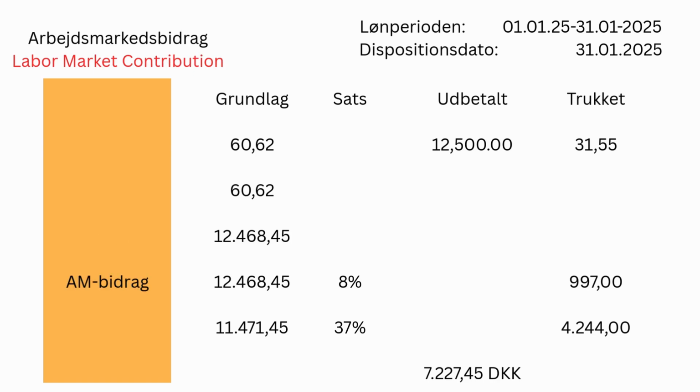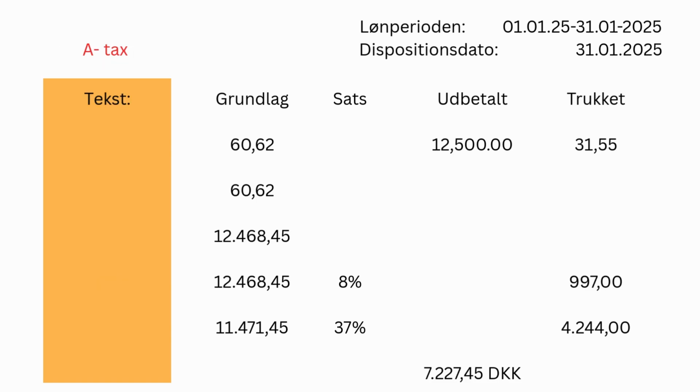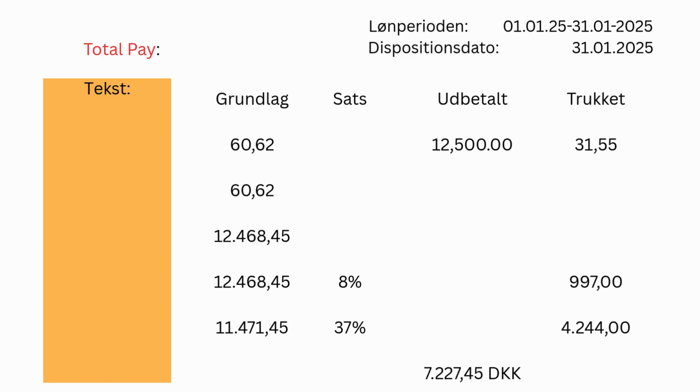AM-bidrag eller arbejdsmarkedsbidrag. This refers to your labor market contribution. A-Skat is your primary tax share, which is classified as A or primary tax. Til udbetaling meant your final salary payment.